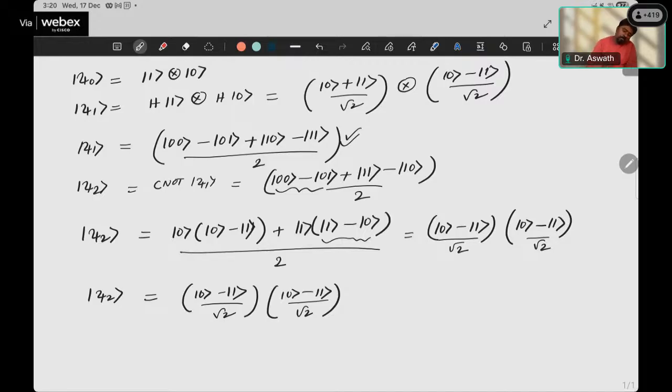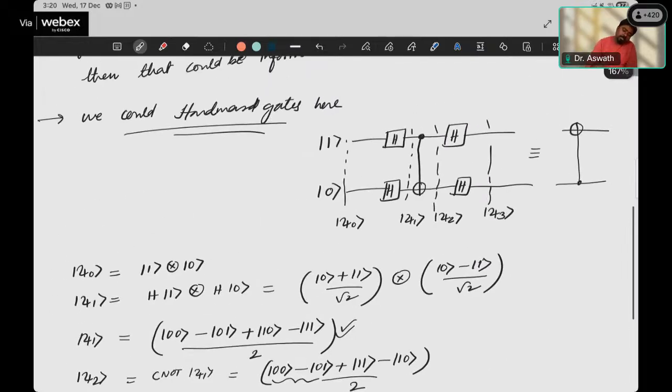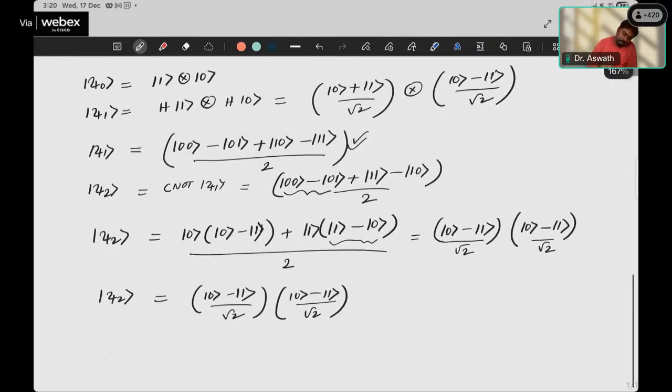Now I want to find what psi 3 is. Psi 3 is Hadamard acting on the control, tensor, Hadamard also acting on the target. So that is psi 2, which is going to give me what? Hadamard acts on this, Hadamard acts on this.